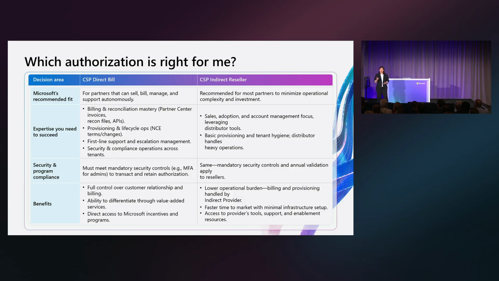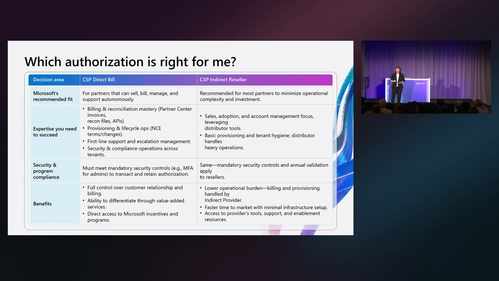Not to mention, because you have a direct relationship with Microsoft, you also need to consider financial stability to handle credit checks and payment terms from your customer. You also need a support plan, and automated tooling if possible for invoicing, reconciliation, catalog, pricing, operations, everything.